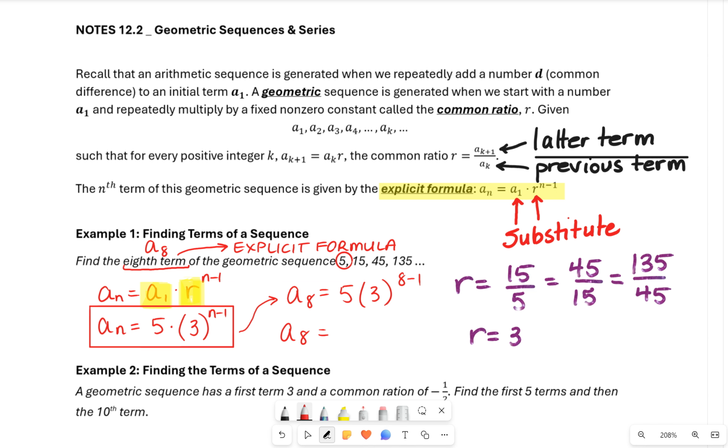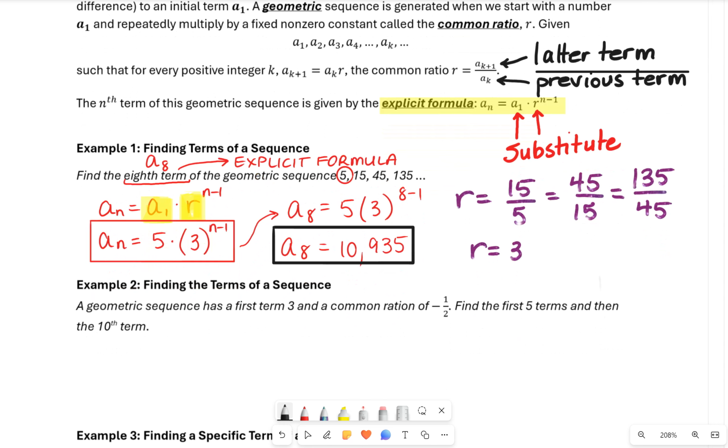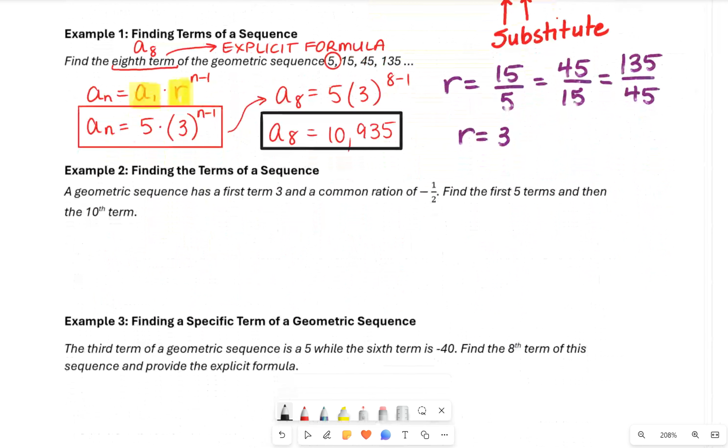I already worked that one out, and you would get 10,935. So on the 8th spot in our sequence, that's the term we find. The explicit formula is a very powerful tool.